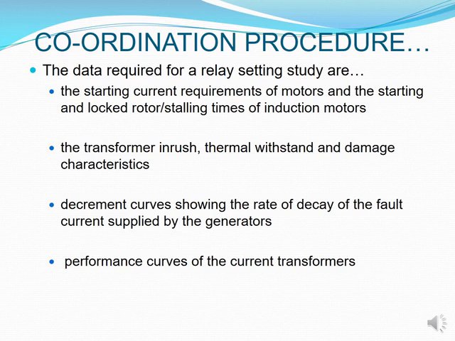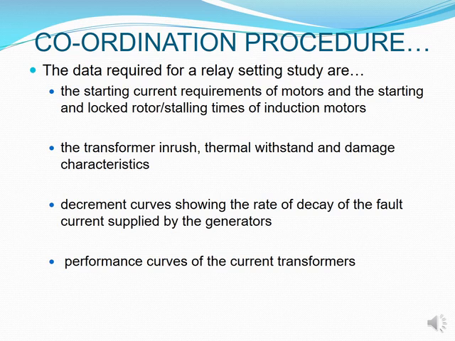We also need to have what our starting current requirements are for motors, and we need the transformer inrush currents and the thermal withstand. Thermal withstand means how much overloading that system can be able to take.